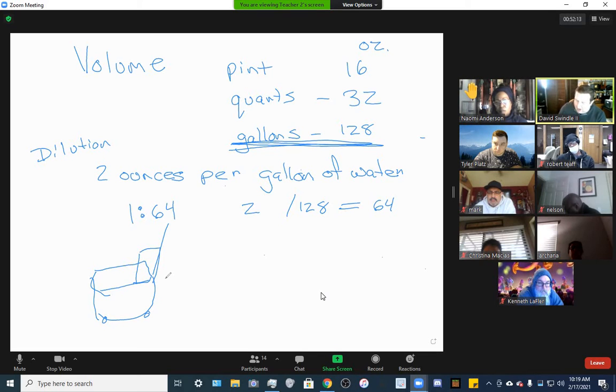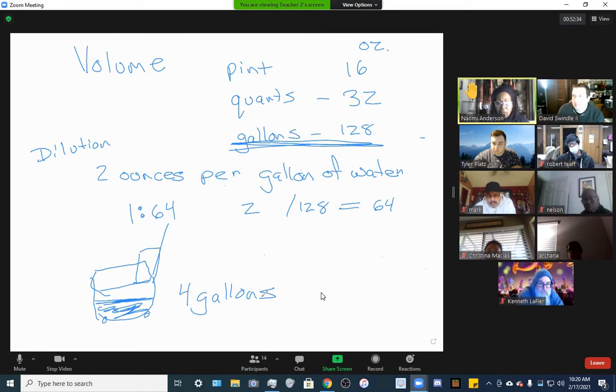So if I poured water into my mop bucket and let's just say I filled it up to about 4 gallons of water, and I have a dilution rate of 2 ounces per gallon, how many ounces of chemical do I need to add to it? 4 gallons.